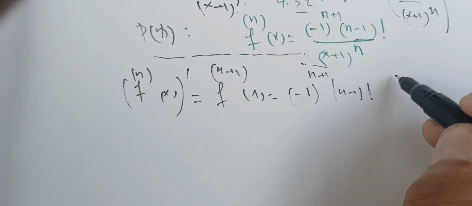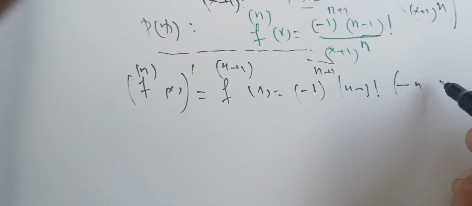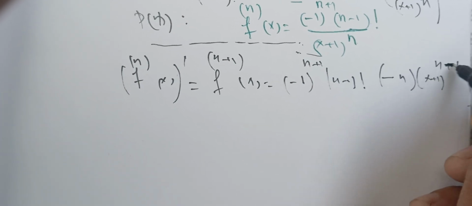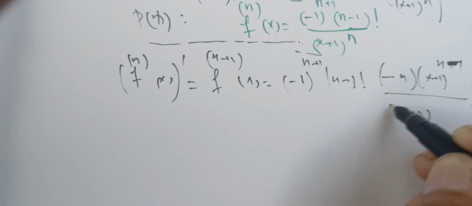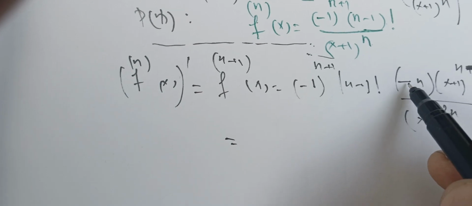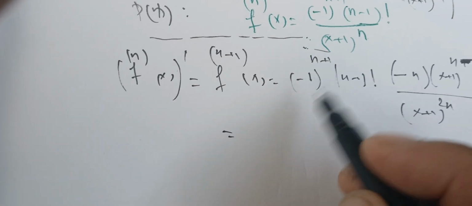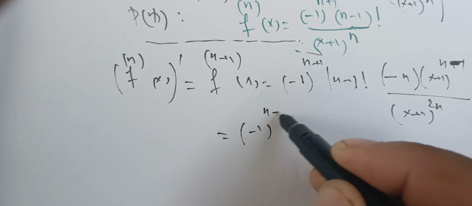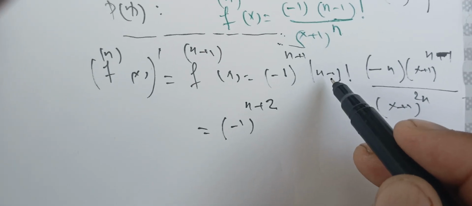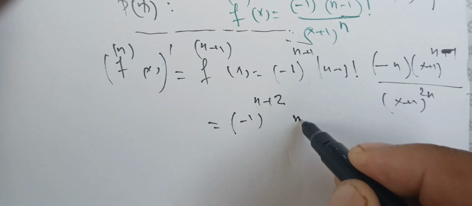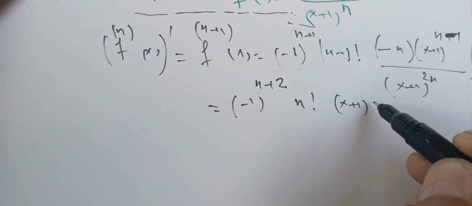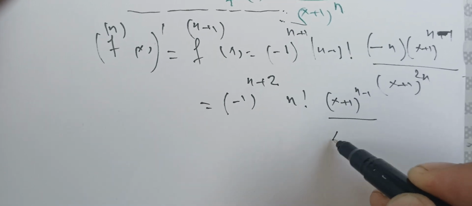When we do that, we're going to have minus n times x plus 1 to the power n minus 1 over x plus 1 to the power 2n. When we do some simplification, this minus is going to go with this minus here. We're going to have minus 1 to the power n plus 2. The n here is going to go with the n minus 1 factorial. We're going to have n factorial. And we're going to simplify x plus 1 to the power n minus 1 over x plus 1 to the power 2n.